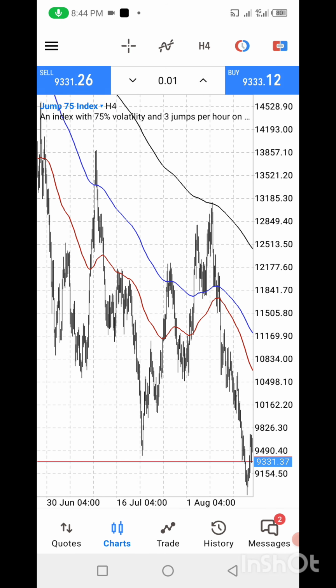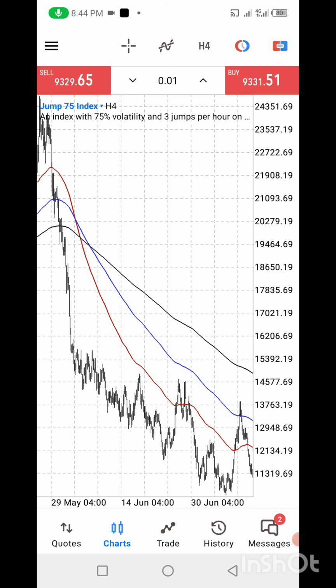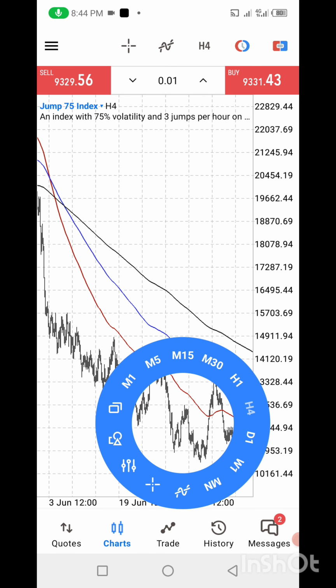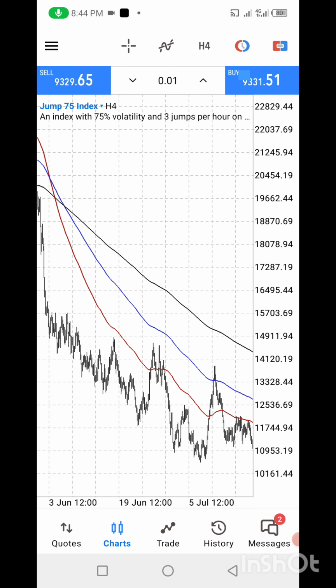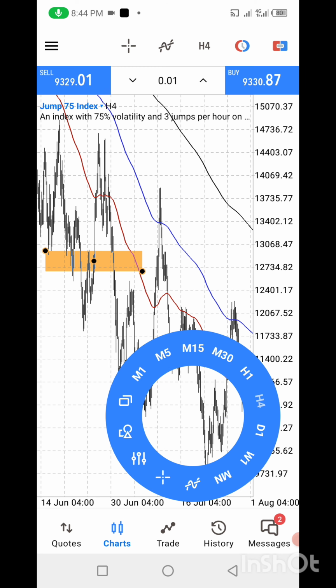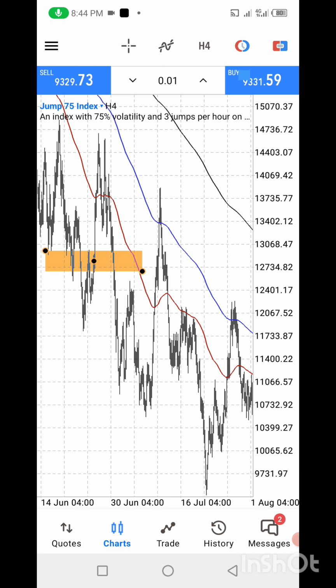Right here we need two breaks of structure. Price breaks here, one. Did the price break another place? Yes, price breaks here.